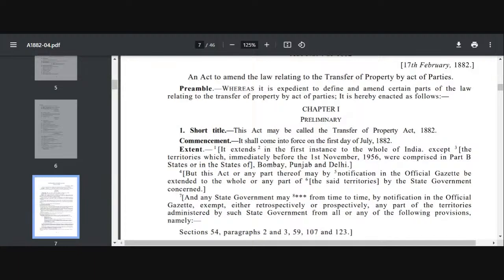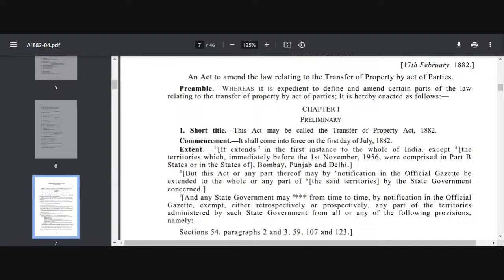Plus, the TP Act has territorial limitation also. So it is not applicable to certain territories like Punjab and all, right? In other parts of the country where the Act is applicable, it was not enforced at one stretch. It was applicable to different territories on different occasions. So this is also one thing which you have to look forward to.